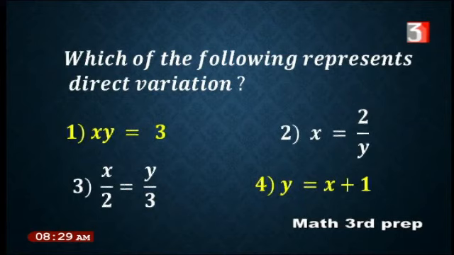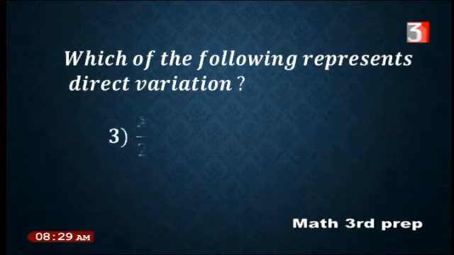So this is inverse variation. It is dismissed. Then x equals 2 over y. Yes, it is also inverse variation, so it is dismissed. The only correct answer is 3. So we can say that x over 2 equals y over 3 is the correct choice.